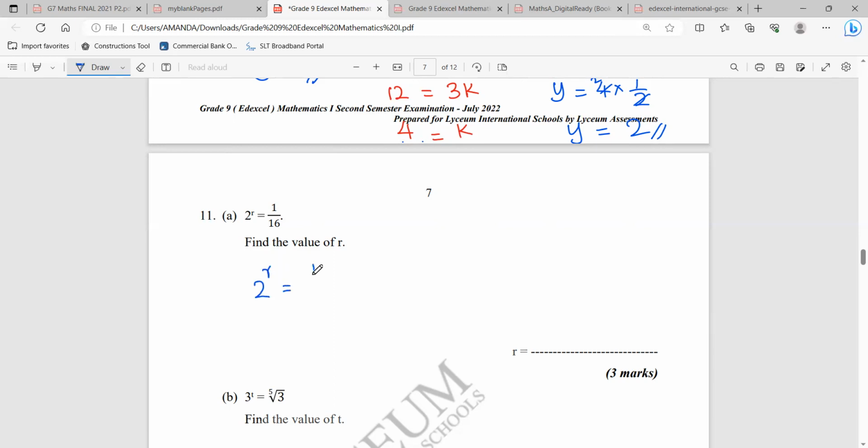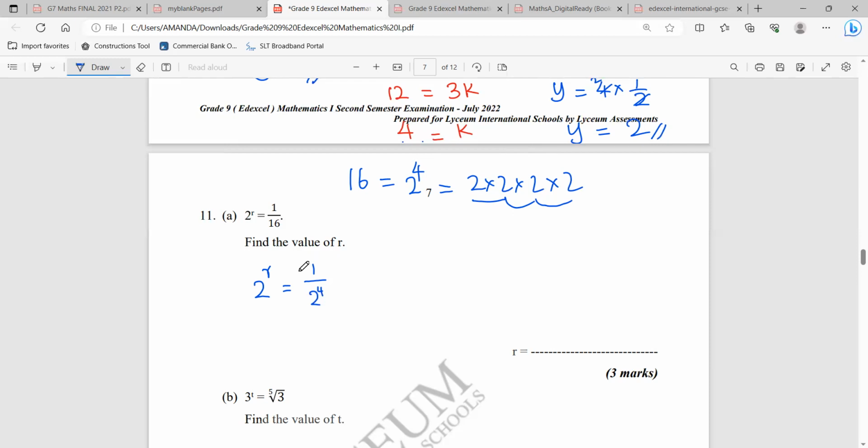equals 1 over 16. So my 16 is 2 to the power 4. How do I know it for sure? 2, let's see. 2 times 2 is 4, 4 times 2 is 8, 8 times 2 is 16, 2 to the power 4. So that's 2 to the power r equals 1 over 2 to the power 4. And also, now this is in index form.